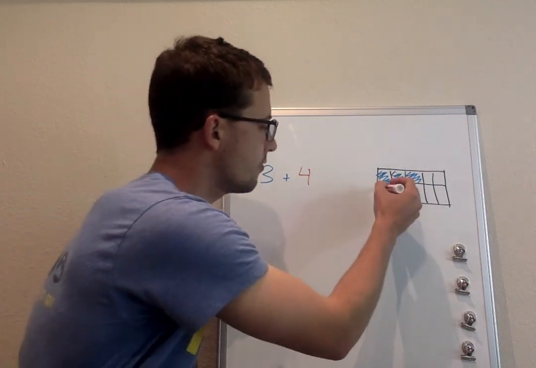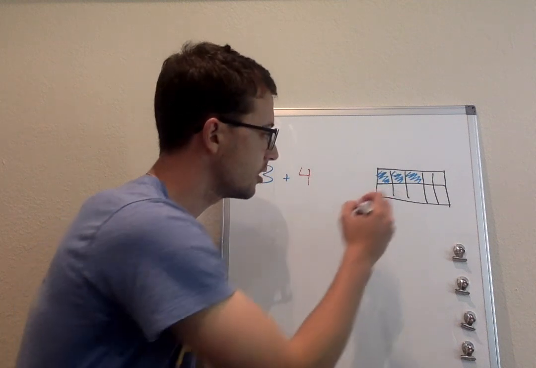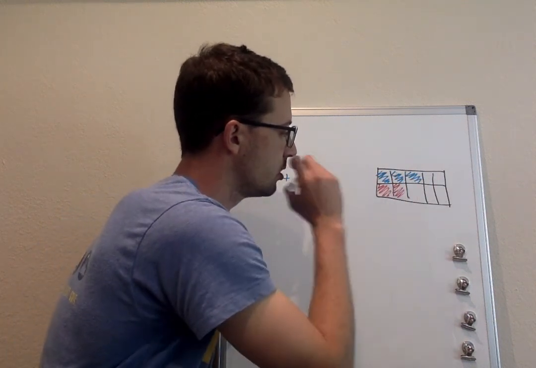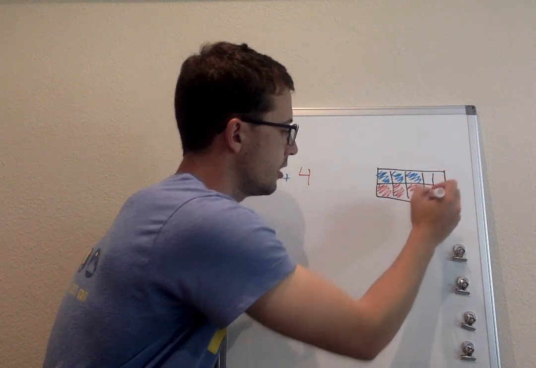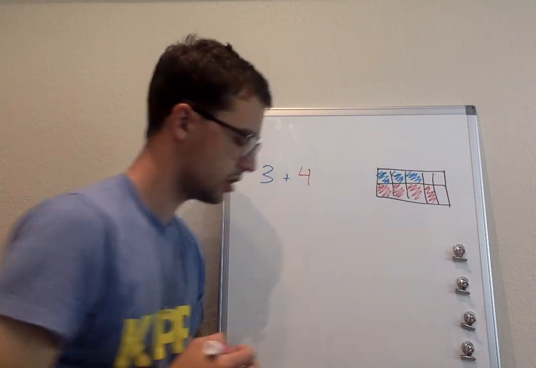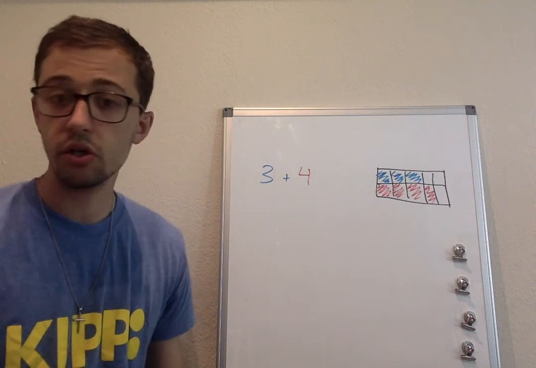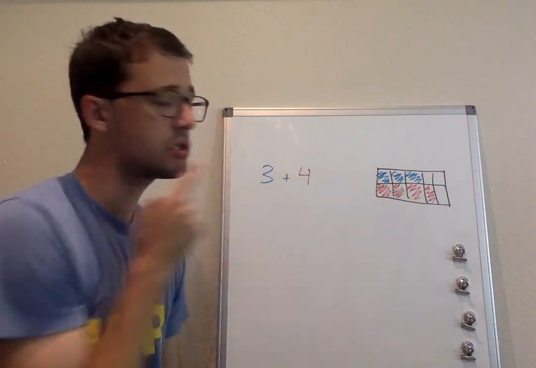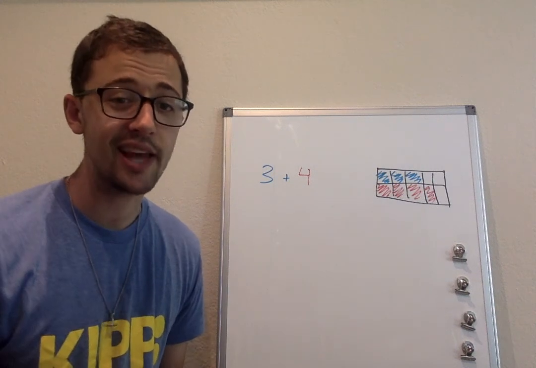So help me color 4 squares. Can you count as I color? 1, 2, 3, 4. Okay, Huskies, once you do that, then you're going to count up all the squares that you colored and you're going to write that number.